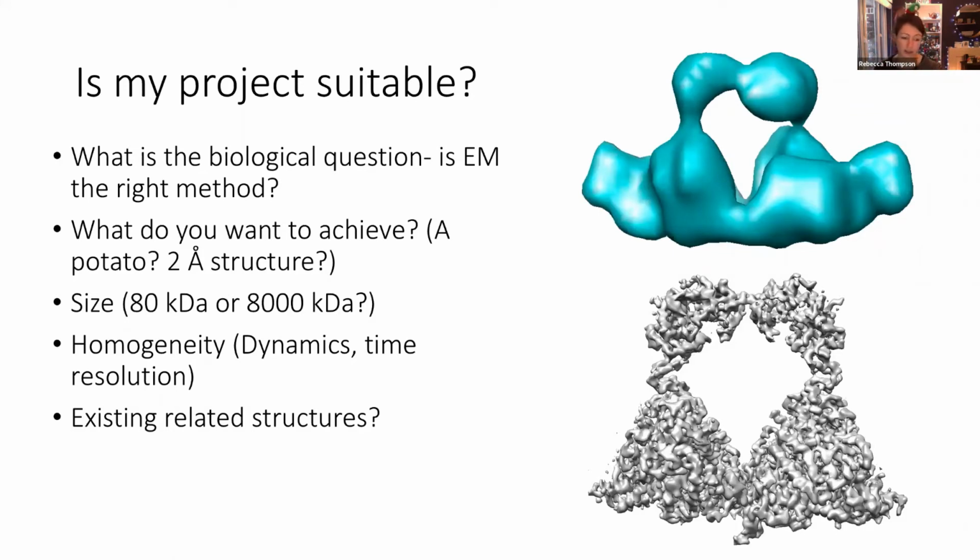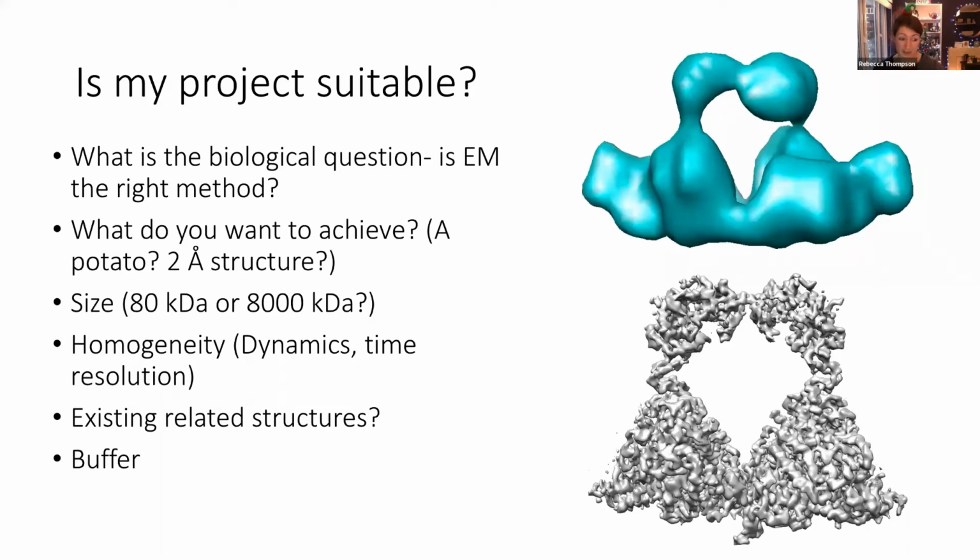So, for example, it's quite common for electron microscopists to be trying to determine the structure of a whole complex, but there are partial structures of individual parts of that complex solved by X-ray crystallography, for example. That can be useful information when thinking about how tractable your project will be to start off with.